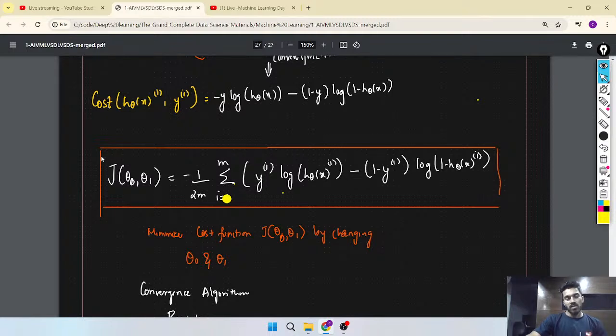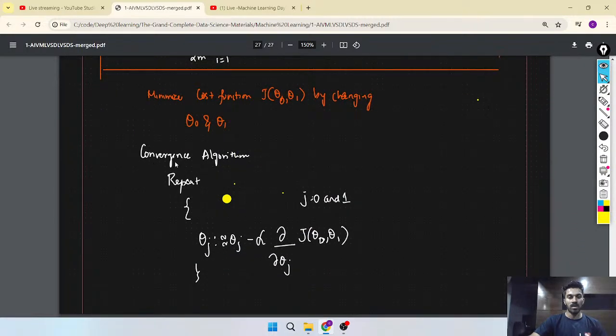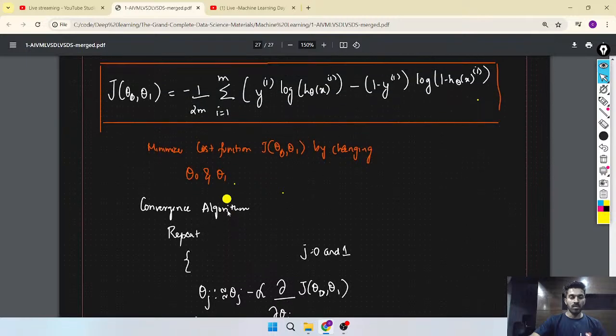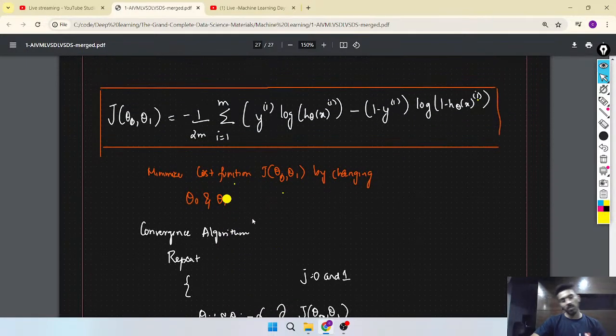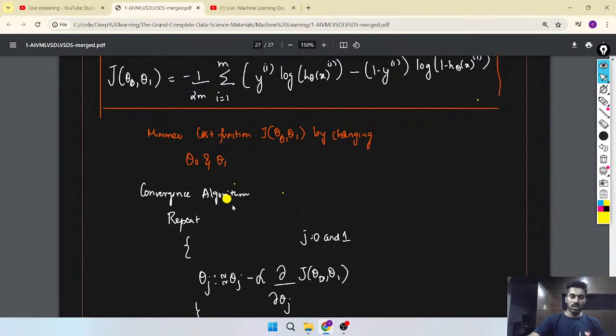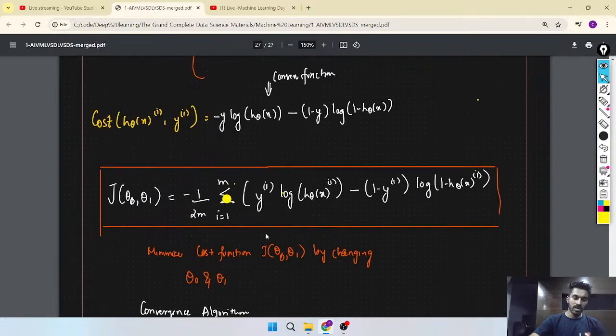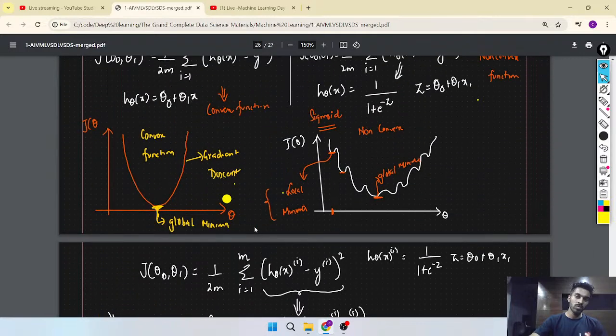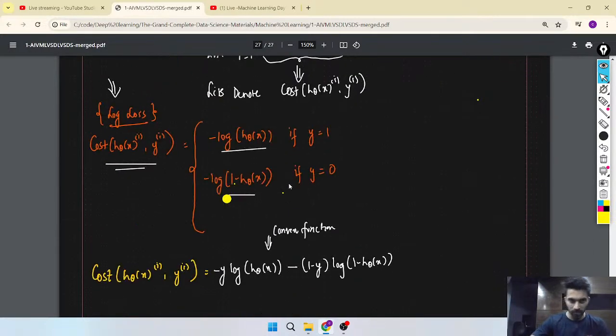Now your cost function is minus 1 upon m, summation of this. You differentiate this function and you get an update rule that looks the same as the above one. Repeat until convergence, and convergence means you have to repeat this process until you reach the global minima.